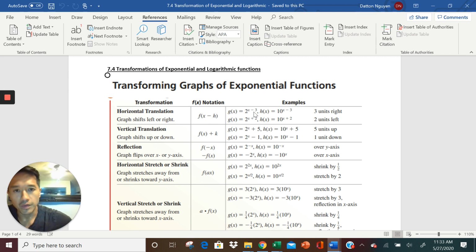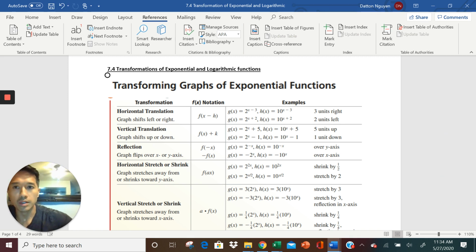So if the constant is attached to x, as you see here, it says 2x minus 3, this means 3 units to the right. If it's x plus 2, then it's 2 units to the left. Vertical translation, but notice now it's 2 to the x power plus 5. So it's 5 units up and so forth.